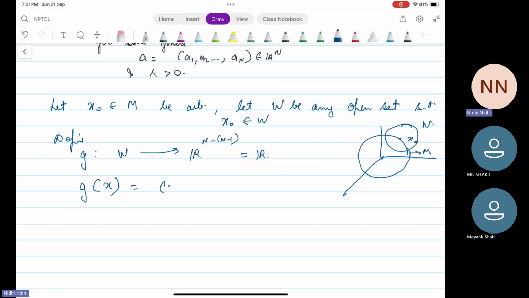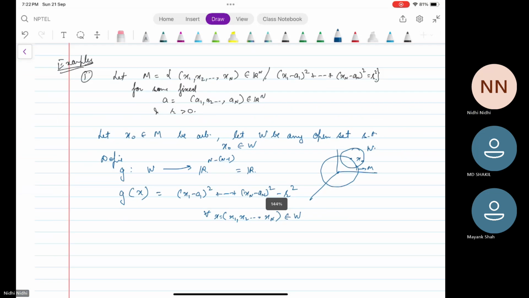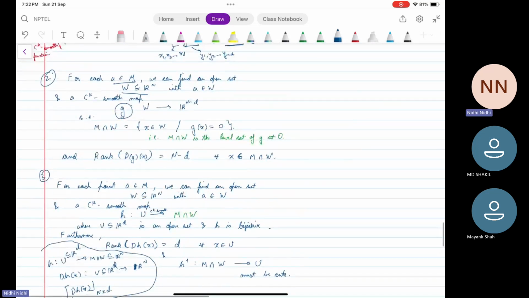We define G(x) to be (x1 minus a1) squared, and so on up to (xn minus an) squared, minus r squared, for every x equals (x1, x2, ..., xn). Next, we need G to be such that its level set at 0 is equal to M intersection W.